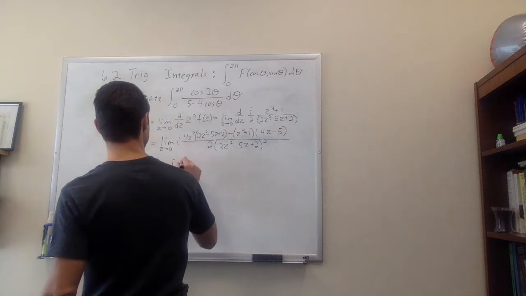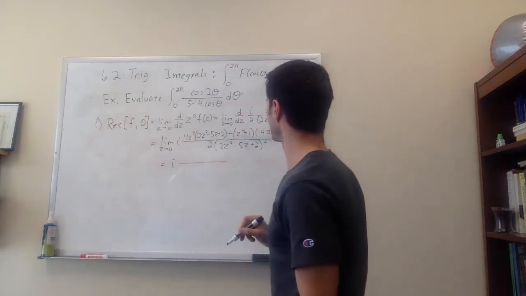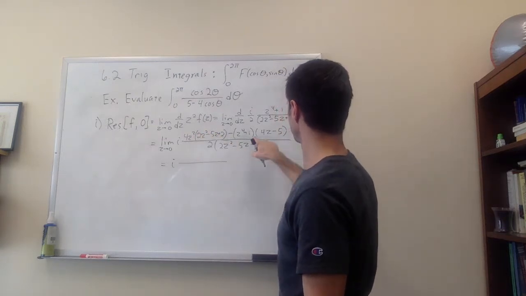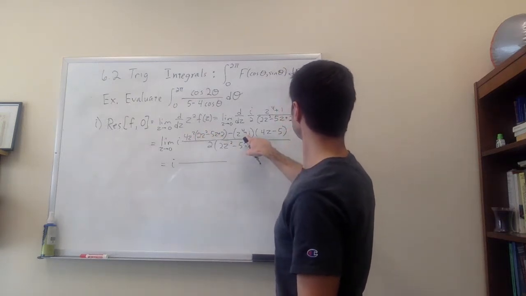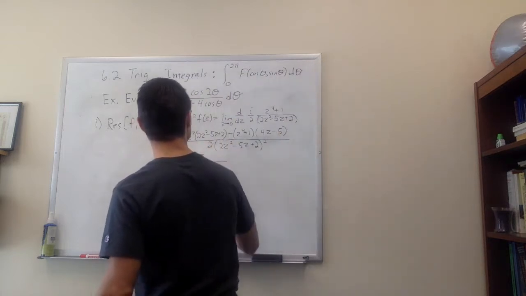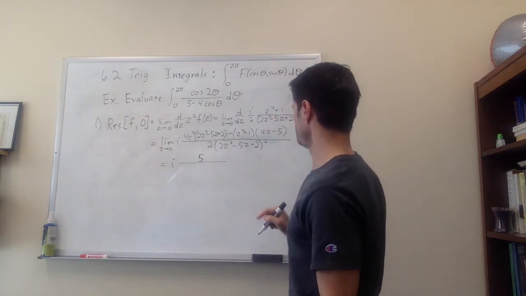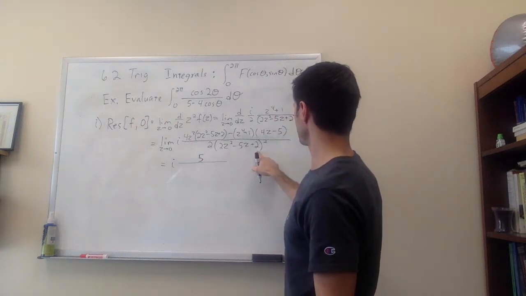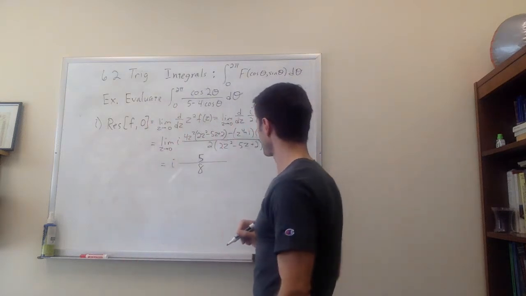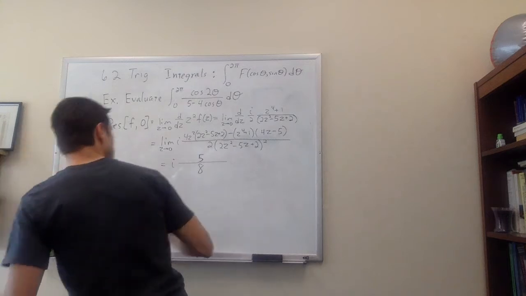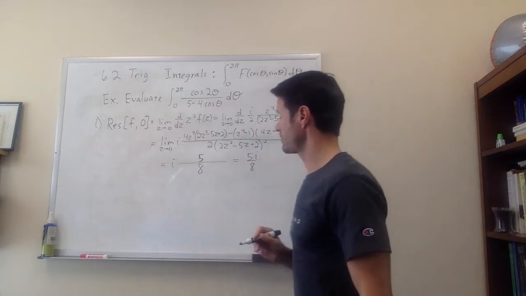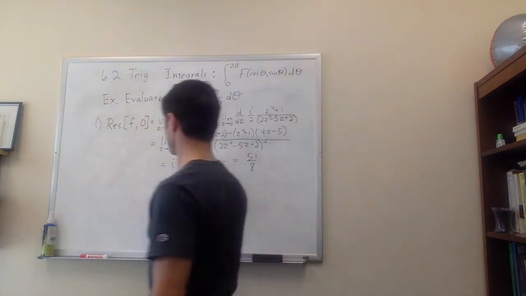We get i times, since this term in the numerator is 0, we end up getting a minus 1 times a minus 5, or 5, and in the denominator 2 squared times 2, which is 8. So this is our result for the residue of f at 0.